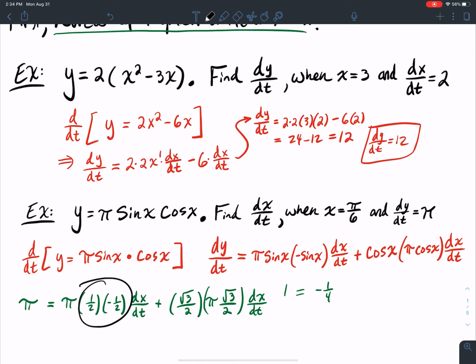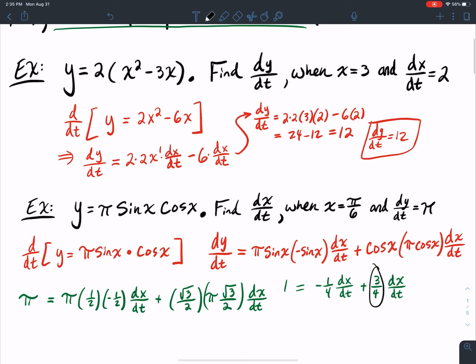I have 1/2 times negative 1/2, which is negative 1/4 dx/dt. And then square root 3 over 2 times square root 3 over 2, that's square root 3 times square root 3 is 3, and then 2 times 2 is 4, so that's 3/4 dx/dt for the second part.